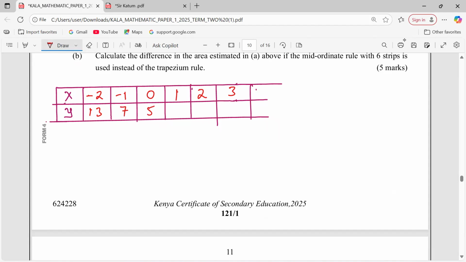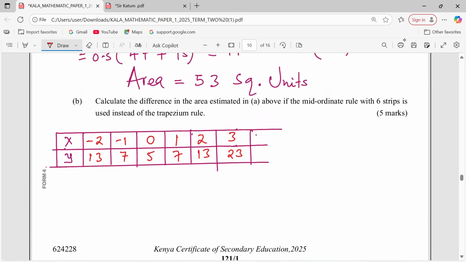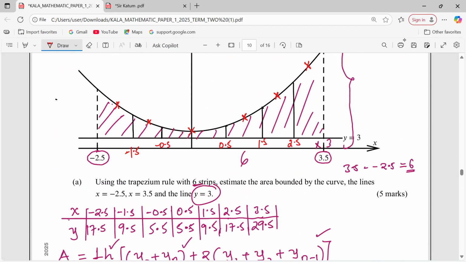This one will give us 5, because 2 into 0 becomes 0, plus 5. 2 into 1 squared plus 5, we get 7 there. Then 2 into 2 squared plus 5 gives us 13. And finally, 2 into 3 squared plus 5 gives 23. So we have all the heights at the mid of every strip.